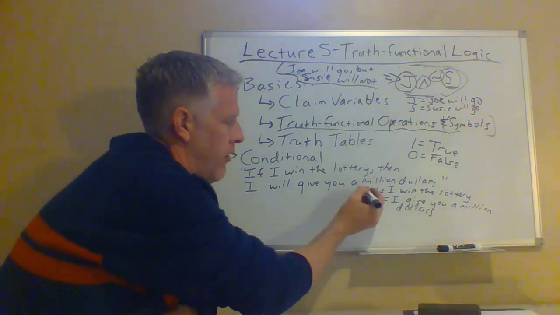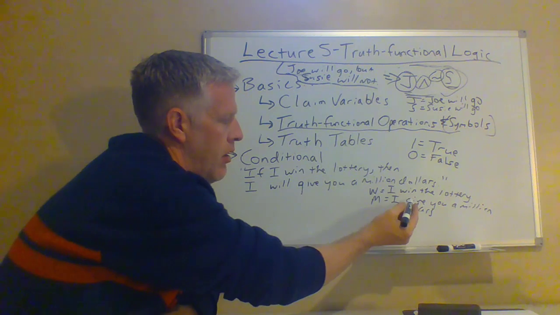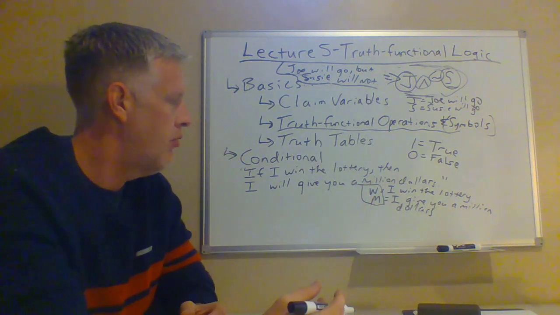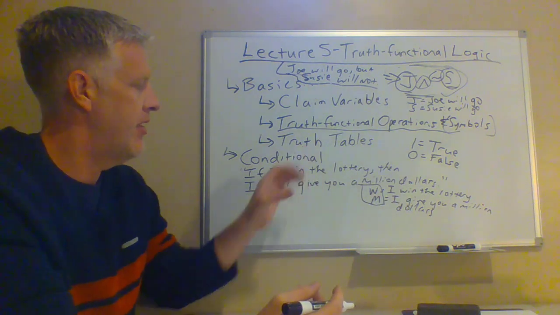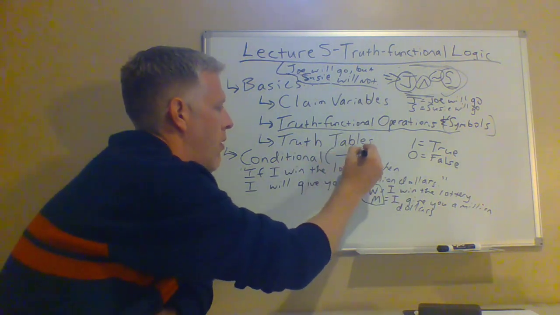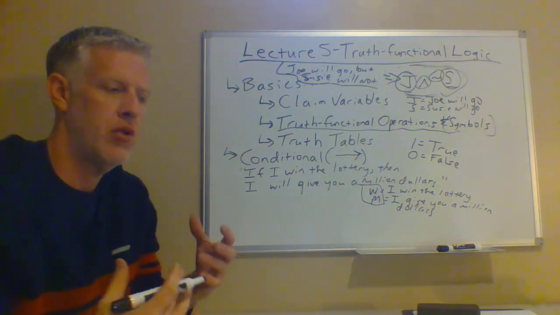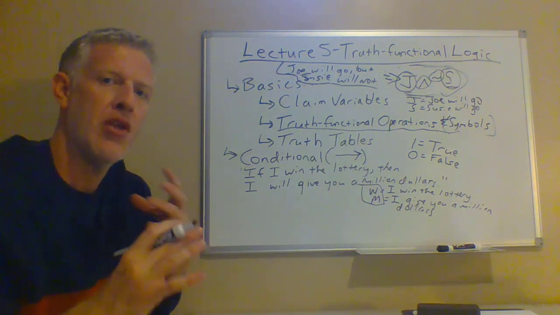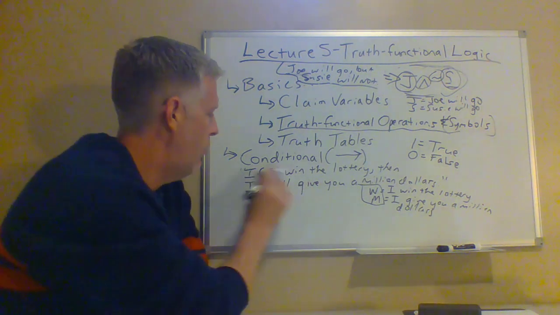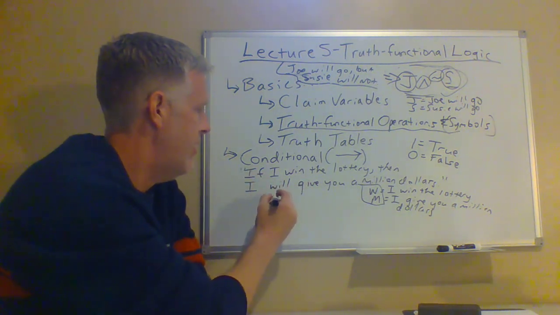We have our basic claims here represented by our basic claim variables. So we're going to use W and M to represent what's being said here. And then we need an arrow to represent the idea of a conditional, that underlying logical operation. So what's said here is going to look like this then.